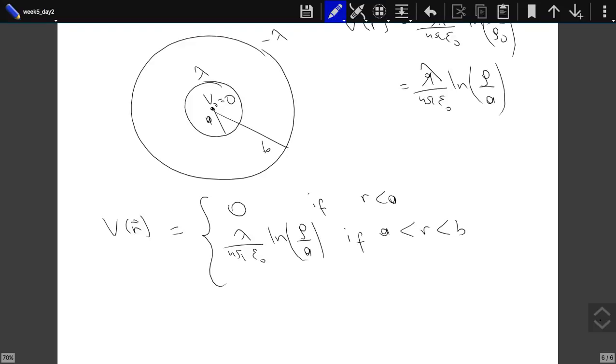Remember, the inner cylinder has a linear charge density lambda, the outer one minus lambda. The electric field is 0, so the potential doesn't change. So it is lambda over 4 pi epsilon 0 logarithm of B over A if R is larger than B. So this is the potential everywhere.